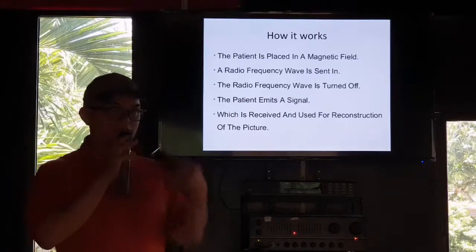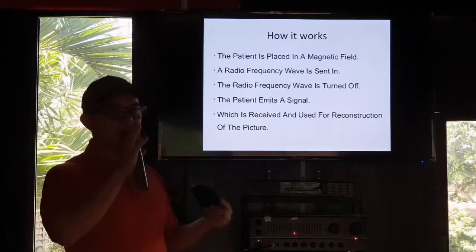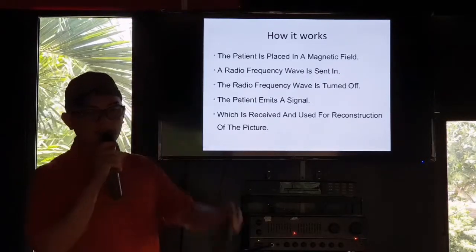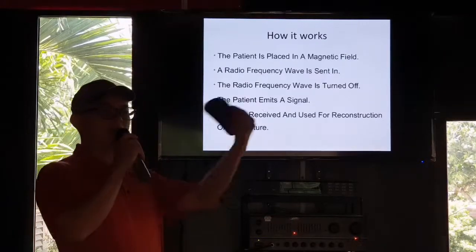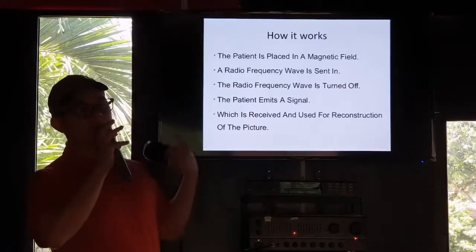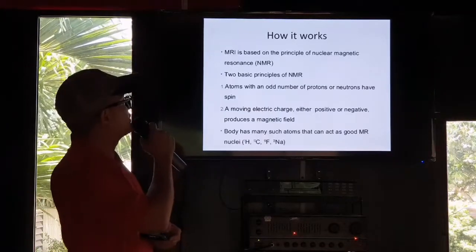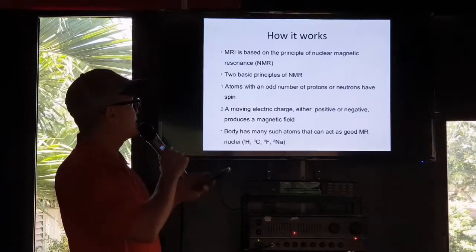Once the radio frequencies are turned off, the patient emits a signal back. You have receivers in the magnetic field that receive the patient's signals, and they use this to reconstruct a picture. So it is based on the principle of nuclear magnetic resonance.